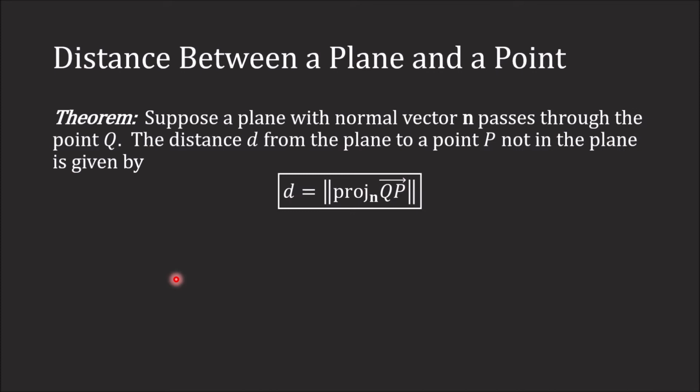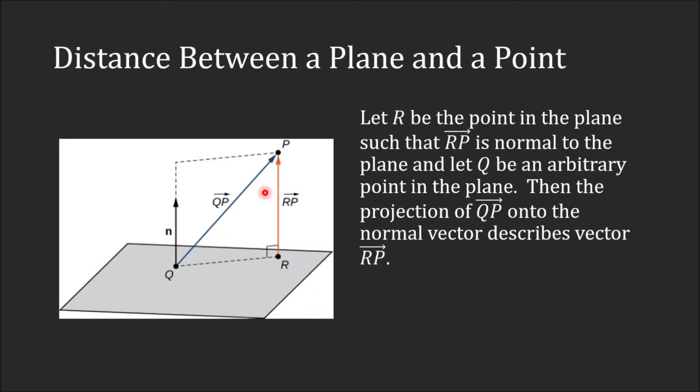So the distance would be the norm of the projection of QP onto N, where N is the normal vector. Right? N would be this RP.